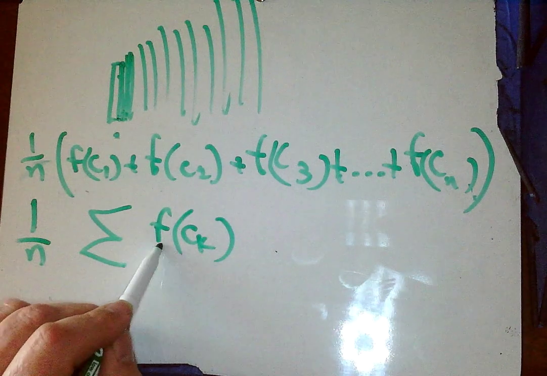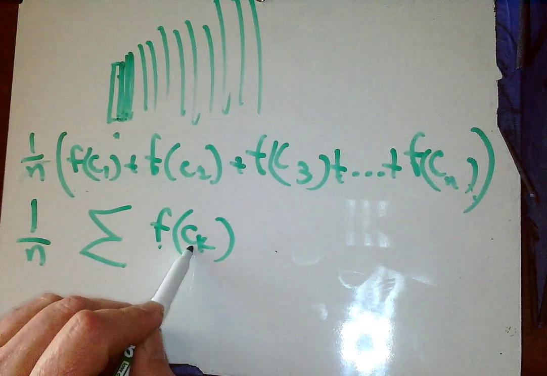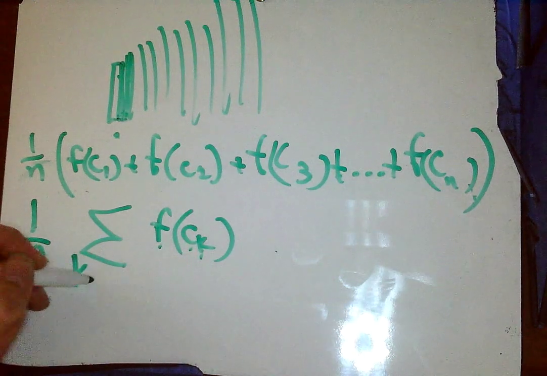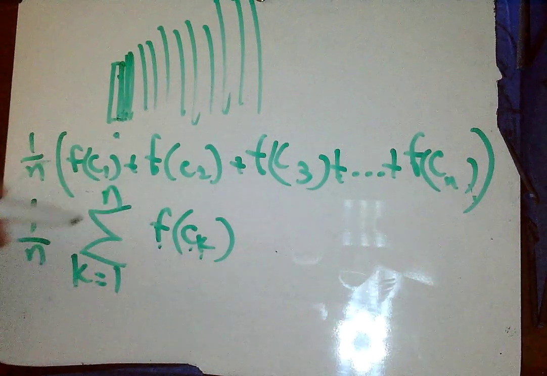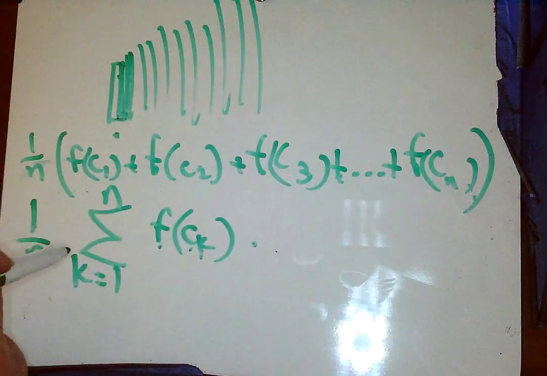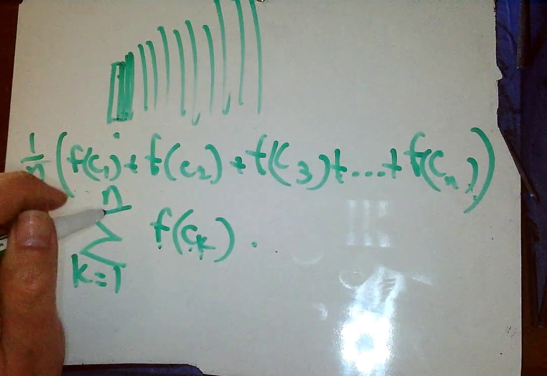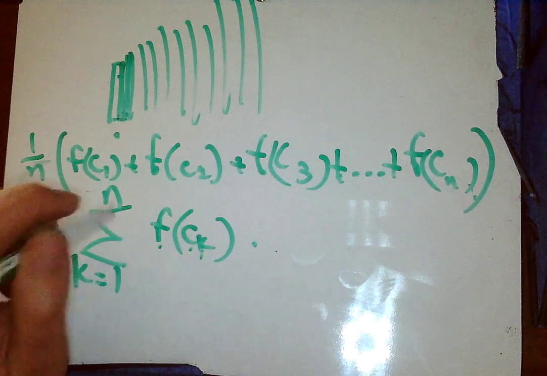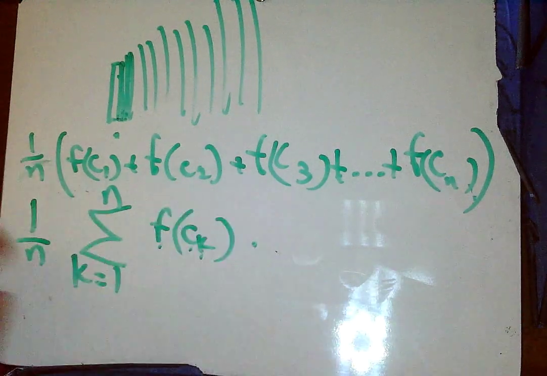I want to add up all the y values based on these specific x's, starting with k equals 1 and going to n. Okay? And is that what I want? Is there a little more? There is. Yes, there will be more. Okay, so this. All right, now what?